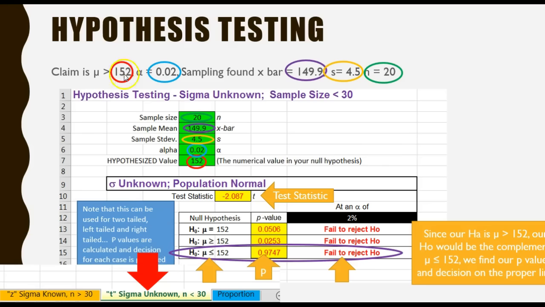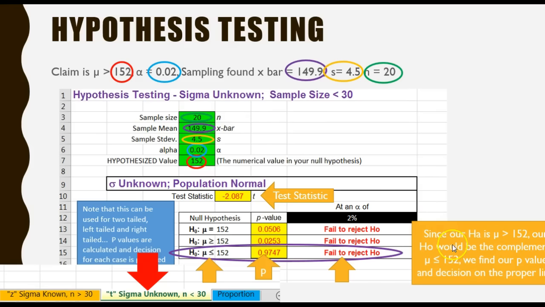We are going to input our claim number here, 152. We're going to input our alpha, 0.02. It looks similar to the other one, but it's not. You've got to make sure you're using the right one because it's based on t. X bar is 149.9. The sample standard deviation is 4.5. The sample size is 20.